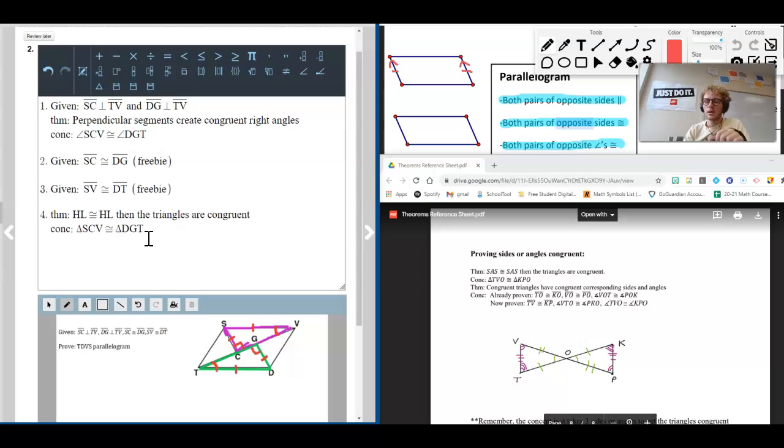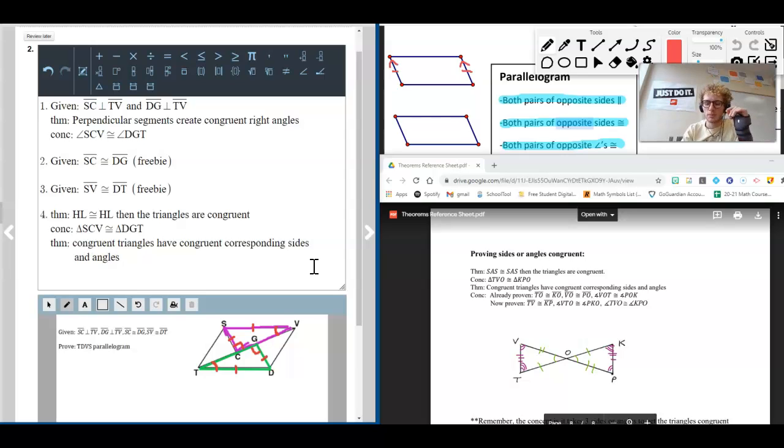So the theorem that goes along with this is the theorem that's right over here on the last page of your theorem sheet, which is that congruent triangles have congruent corresponding sides and angles. You're going to be making a lot of use of this theorem. I'll tell you that right now, folks.